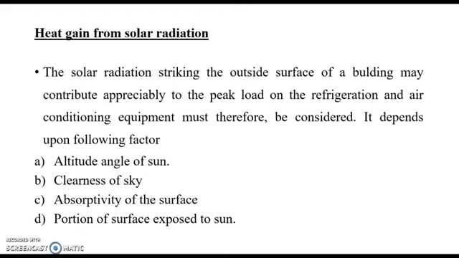Therefore, we consider the solar irradiation striking the outside wall of the confined space. This solar irradiation depends upon the following factors: the altitude angle of the sun, the clearness of the sky, the absorptivity of the surface of the wall, and the portion of the surface exposed to the sun.